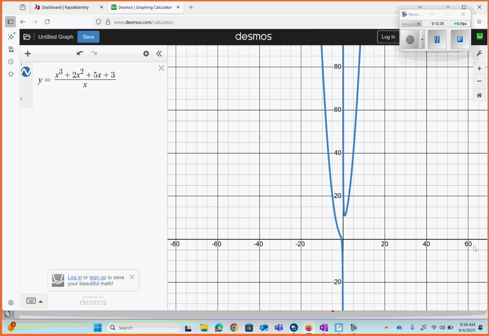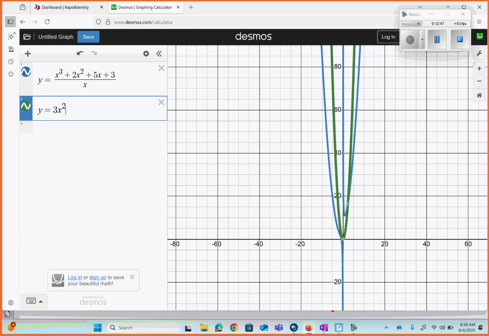We will talk a little bit about those more later. Basically, our end behavior asymptote would look like this: 3x raised to the second plus 2x plus 5. Did I do that all right?